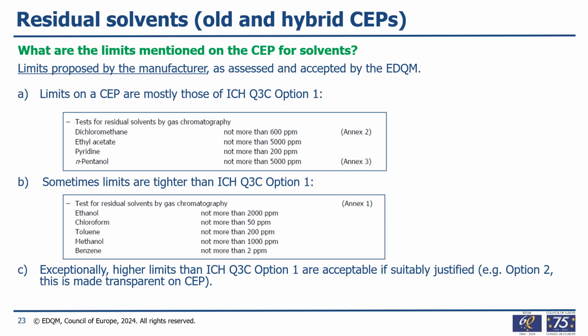Sometimes tighter limits can be proposed by the companies, and the specification limits which are stated in the internal specifications are stated on the CEP. This means tighter limits. Exceptionally, in some cases, higher limits than option 1 are acceptable if suitably justified, for example by applying option 2, and in this case, this is made clear and transparent on the CEP.